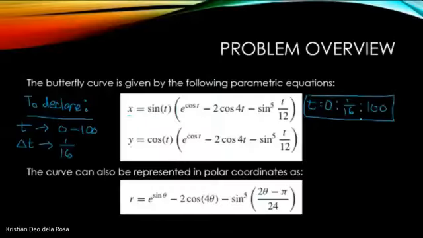Sir, paano pag walang interval? Pag walang interval, and sabing is yung time is from 0 to 100. Okay, so say in column notation. So pag column notation, and you declare t is equal to 0 to 100, the entries magiging evenly spaced siya.